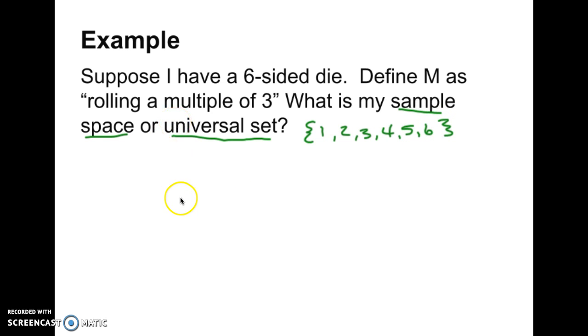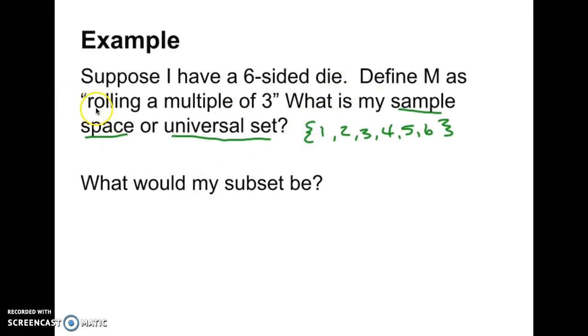Right? And then the next question says, what would my subset be? So that means, what are the favorable outcomes? What are the outcomes on the die that are a multiple of 3? So on this die, 3 is a multiple of 3, and so is 6. So that is my subset.